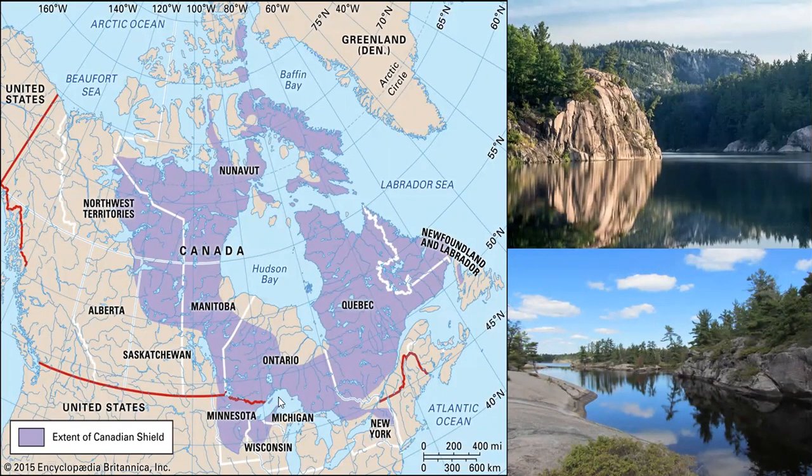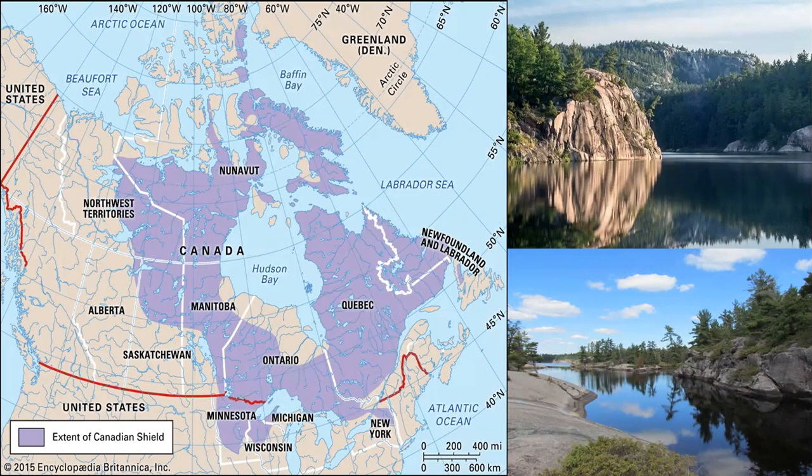On this side is the Labrador area, Newfoundland and Labrador. Near the Labrador Sea you will find the Labrador area. On the southwest side, you will find the Laurentian mountain region.